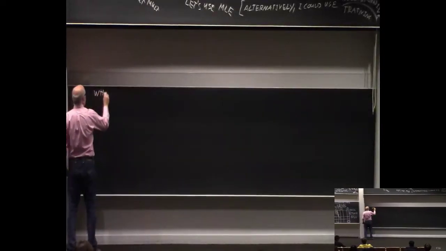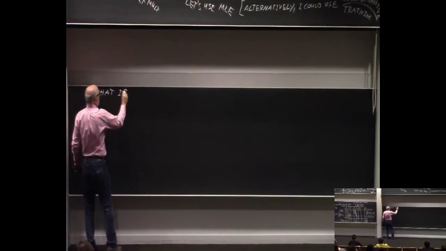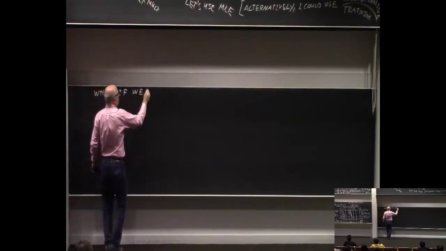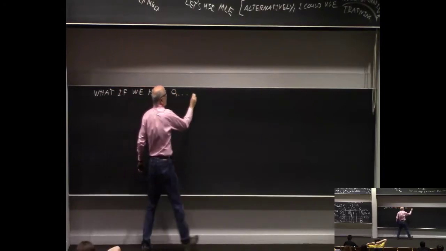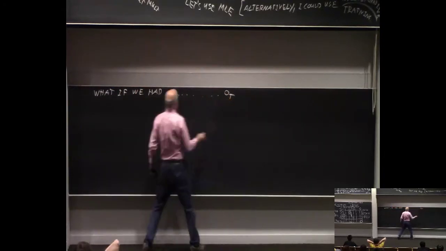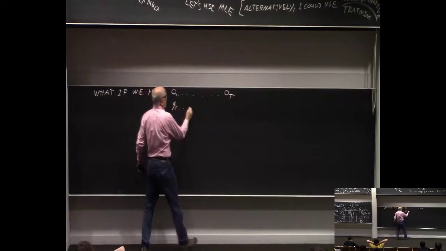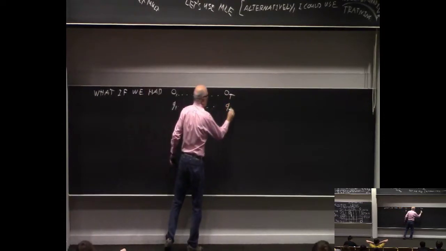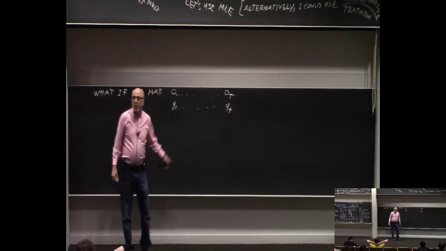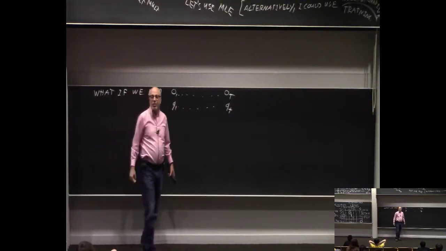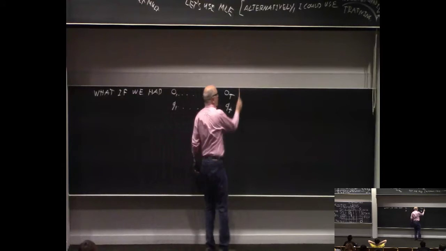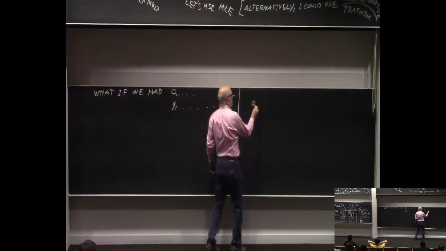What if we had not only O1 through OT, but also Q1 through QT? Suppose we had that. We had the labels. We had the hidden state sequence. Then what would be the maximum likelihood estimate of Aij?